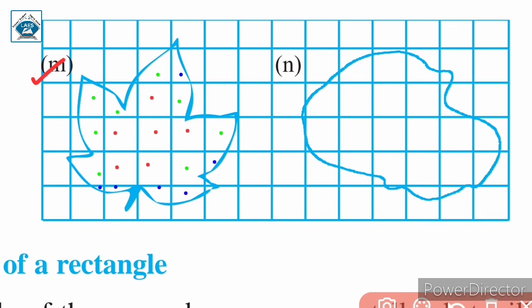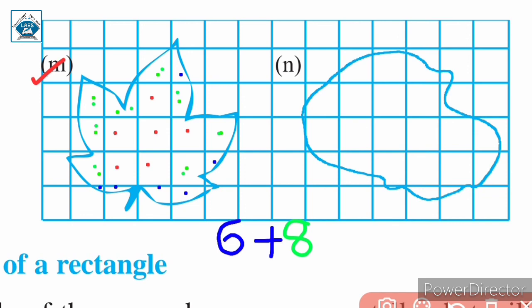So the red dots indicate complete squares. So there are 6 complete squares, plus we will add the area of more than half squares as 1 each. The green dots here indicate more than half squares. So how many are there? 1, 2, 3, 4, 5, 6, 7, 8. So there are 8 squares that are more than half.